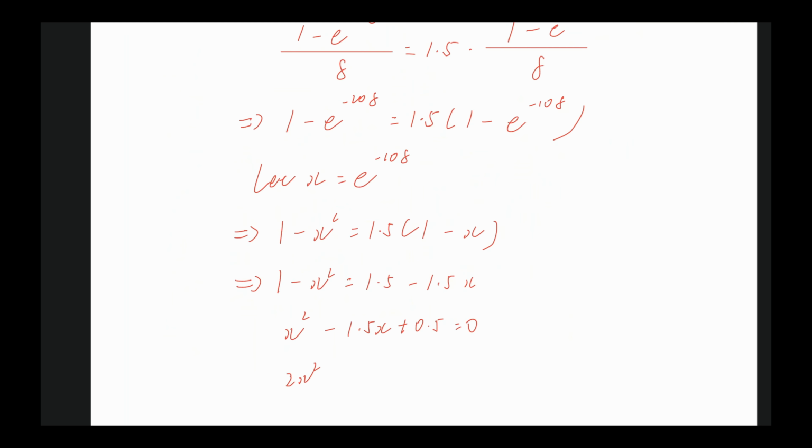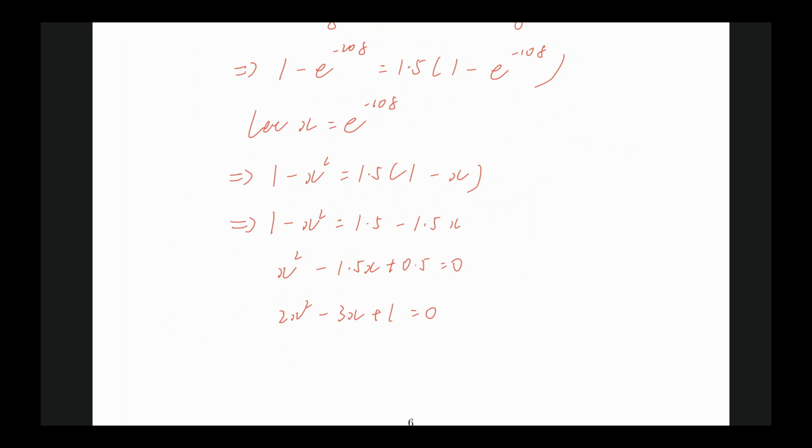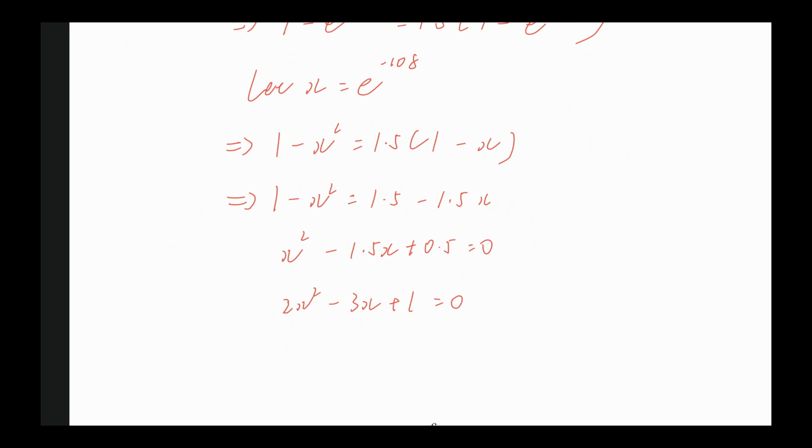So maybe 2x squared minus 3x plus 1 equals 0. If I solve this with the quadratic formula, negative b plus or minus the square root of b squared minus 4ac, over 2a, this is going to be 3 plus or minus the square root of 9 minus 4 times 2 times 1, over 4.